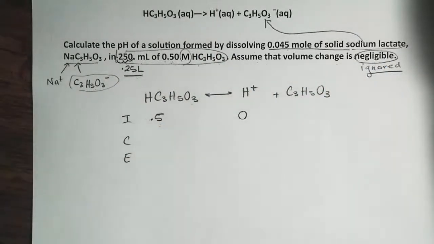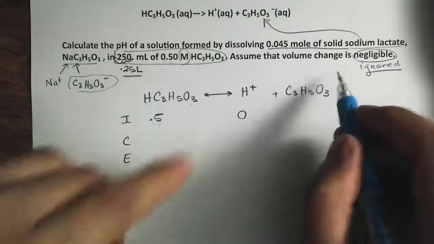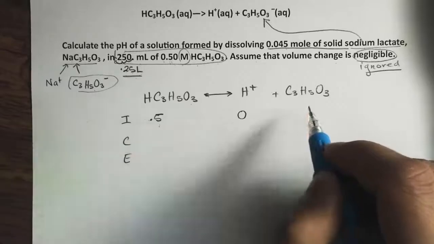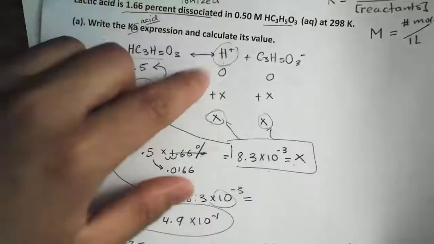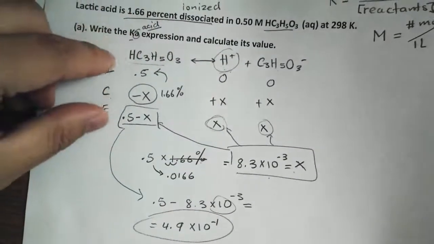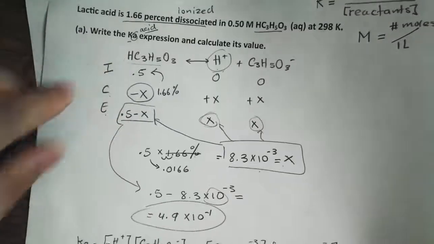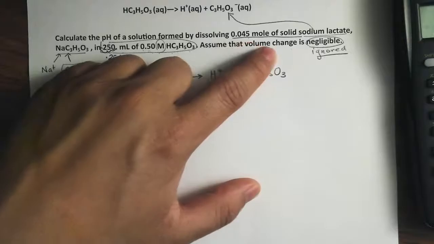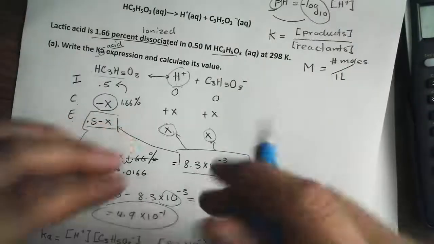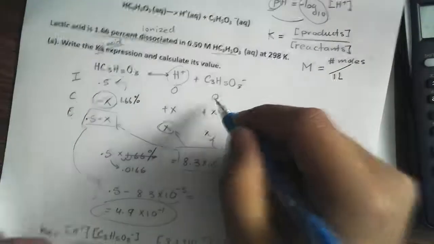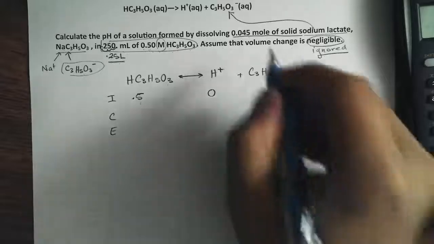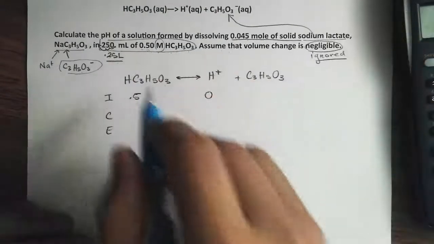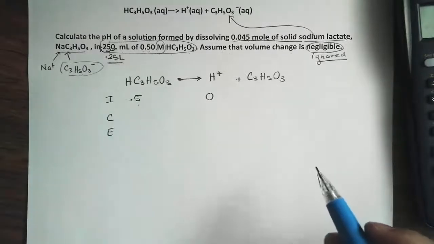How is that going to affect everything? So now this initial is no longer just 0 like we have over here. So we just rewrite this ICE table, but in the new condition that they decided to add 0.045 mole into here. So this is no longer 0 anymore, but rather it is based on these moles being added initially to react with the lactic acid.